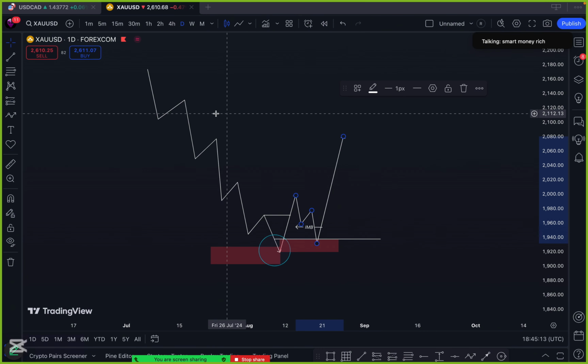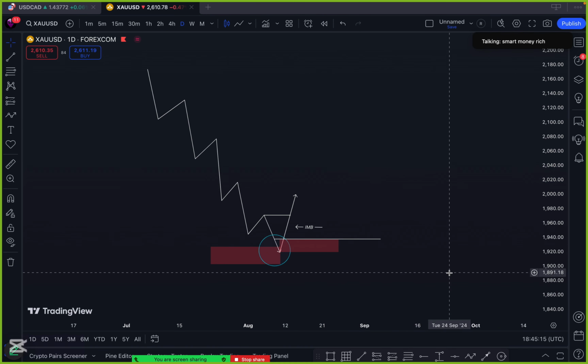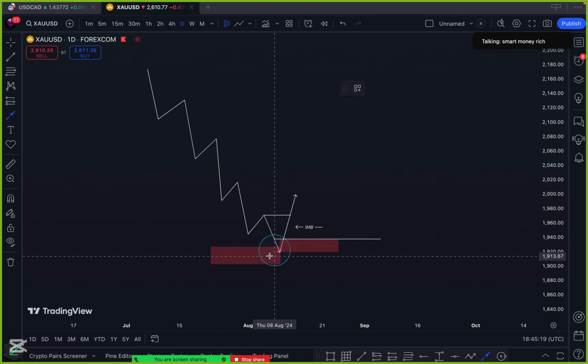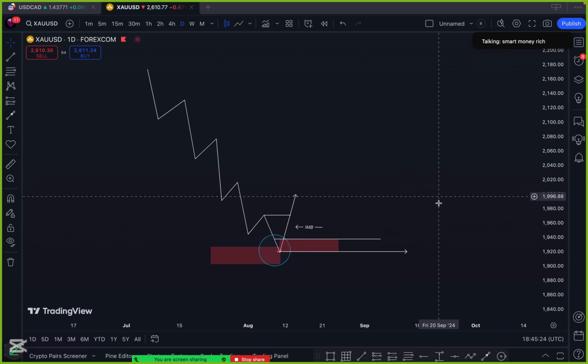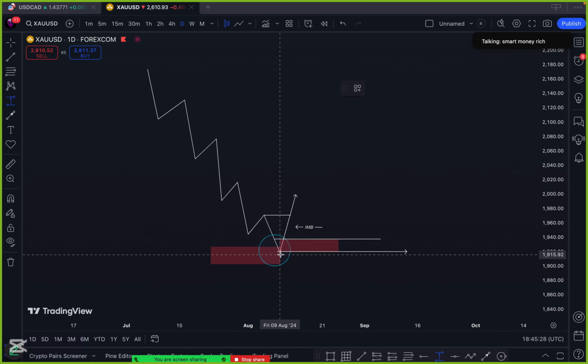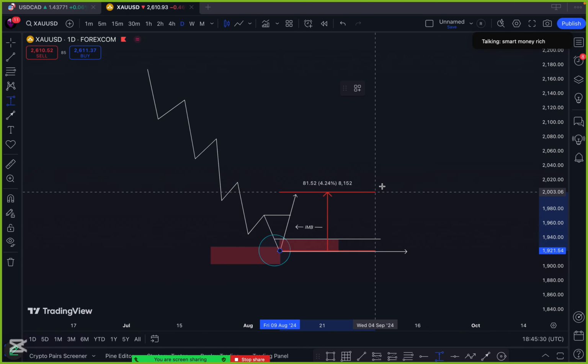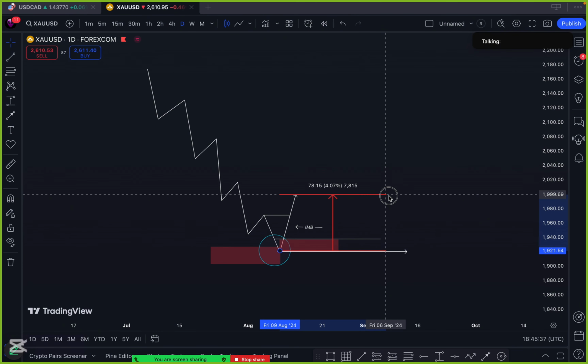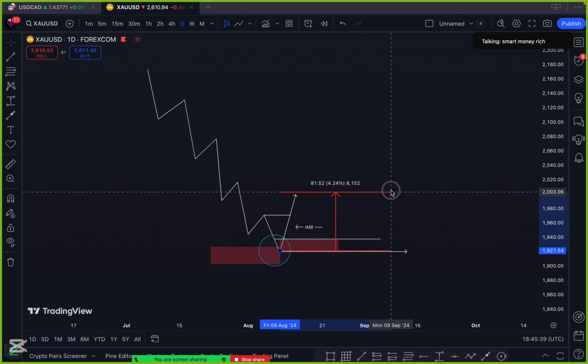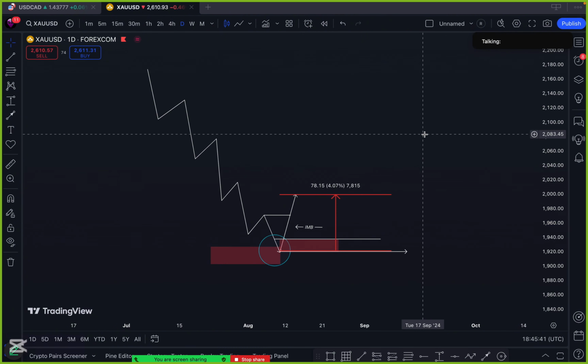Now, due to the fact that these guys entered the market, let's say they entered the market with $5 million, right? From there to here is about 78 pips.